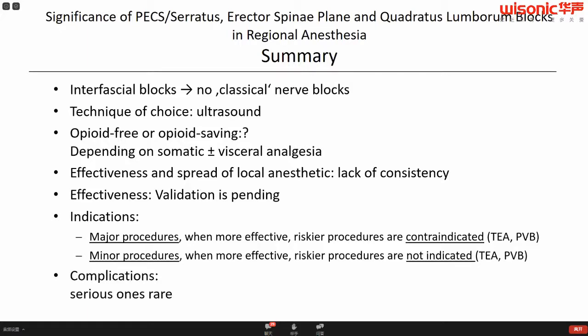Serious complications are really rare. And in anticoagulated patients, what shall we do with these kinds of blocks? We have no recommendations so far, but in my opinion, we can follow a more liberal regimen than neuraxial blocks when we do these kinds of blocks. Thank you very much.